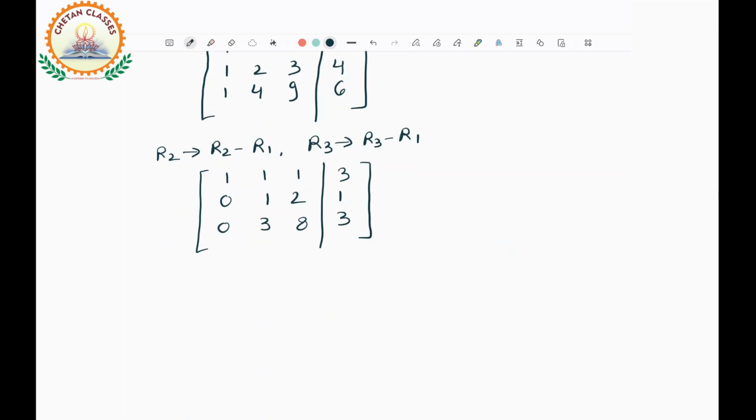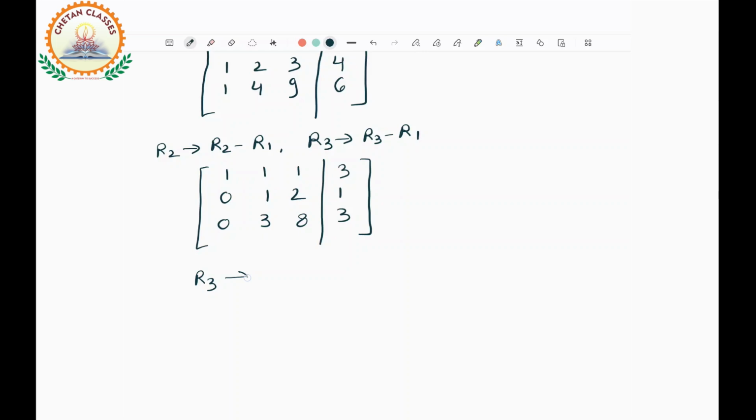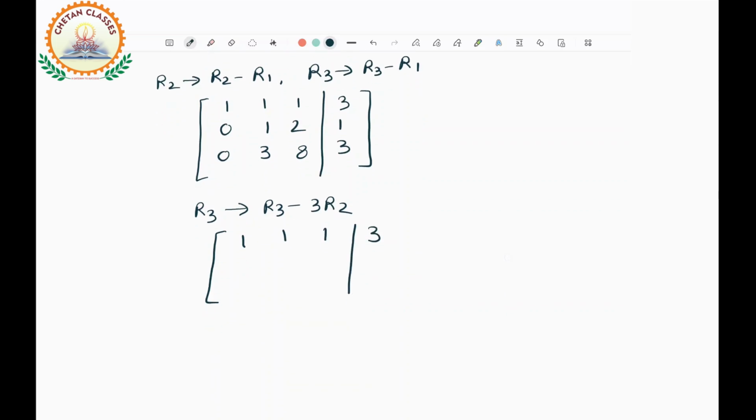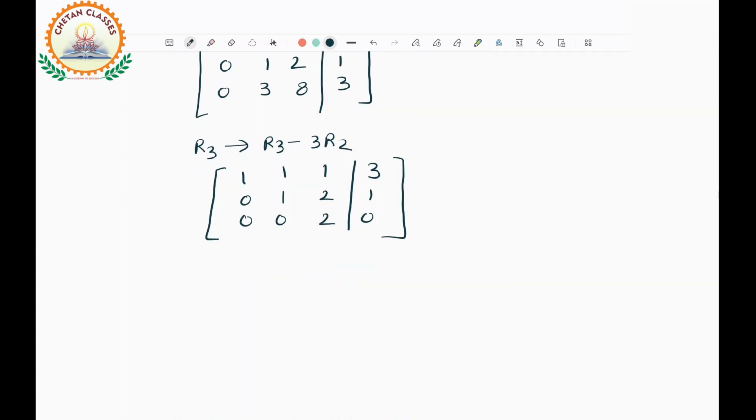Now R3 tends to R3 minus 3R2. So here we get 1, 1, 1, 3. Now second row as it is and third row 0, 0, 2 and here 0. So rank of augmented matrix is 3 and rank of A is also 3.